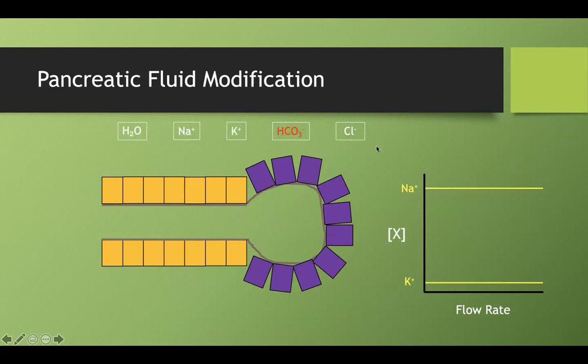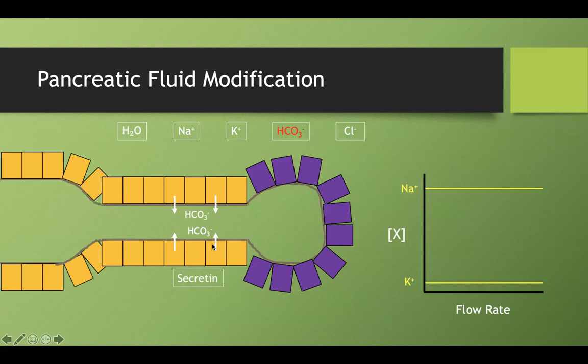Now we're going to talk about a couple of interesting things. So bicarbonate, as we talked about before, is secreted by ductal cells, and it's secreted in the presence of secretin. So S cells will produce secretin that'll act on the pancreatic ductal cells to produce bicarb. And this bicarb, as it flows down here, you can see if it tries to escape, it actually can come back in, okay?